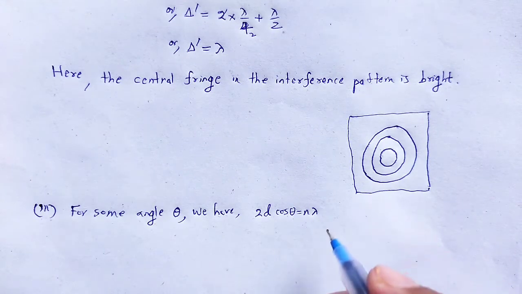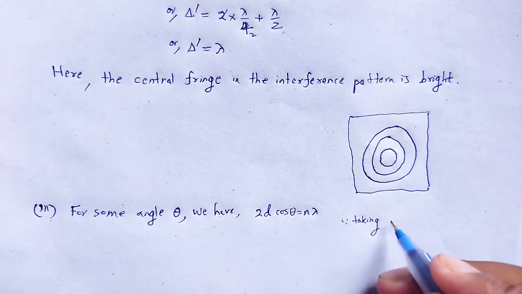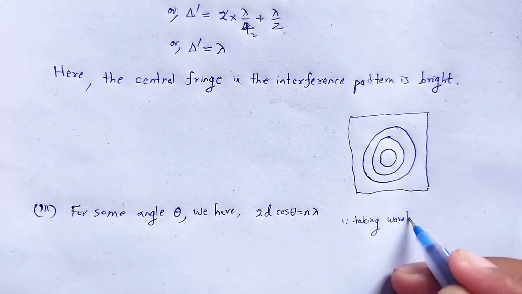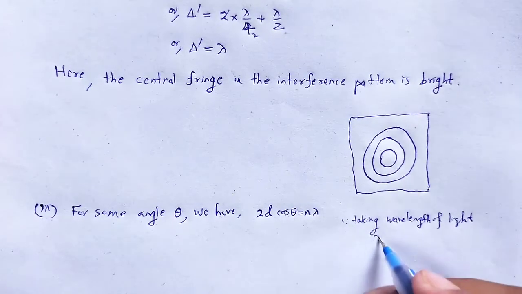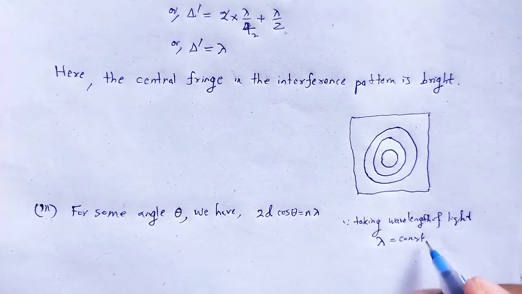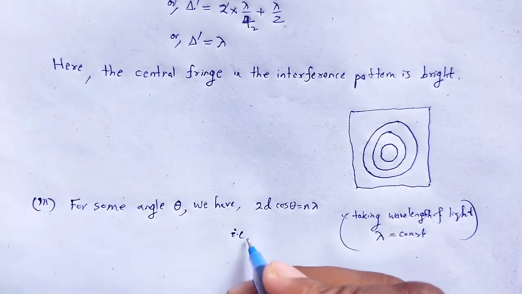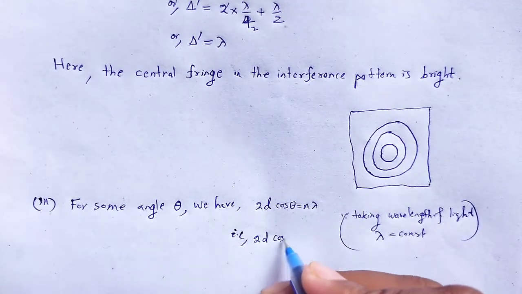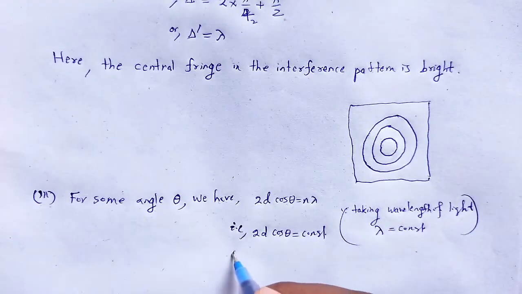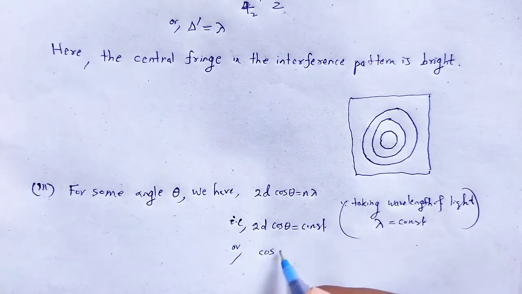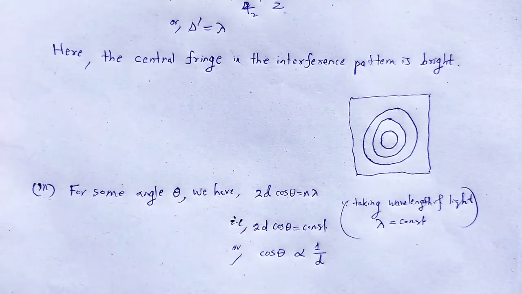Taking the wavelength of light lambda as constant, then 2d cos theta is equal to constant, or cos theta is inversely proportional to the distance d.